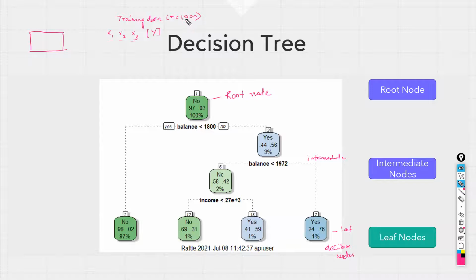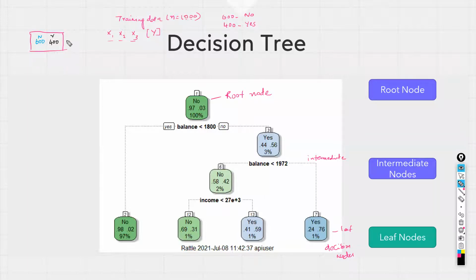So out of these 1,000 observations that we have, 600 belong to no class and 400 observations belong to S class.